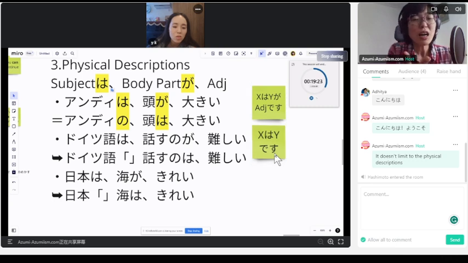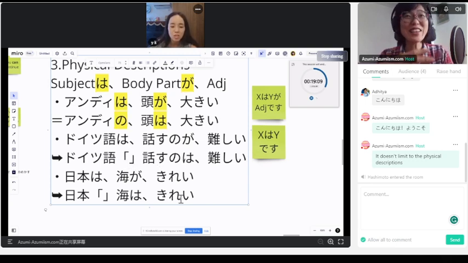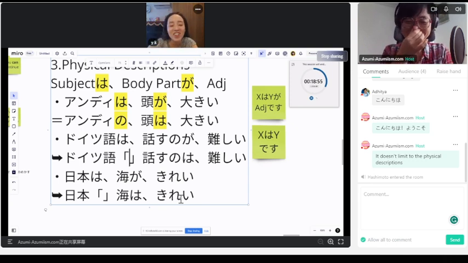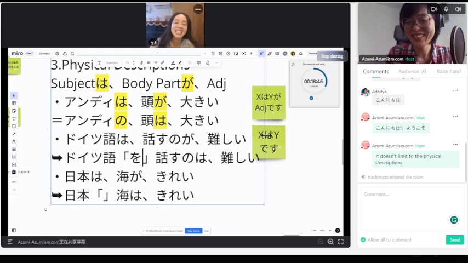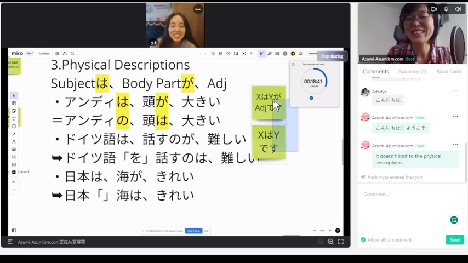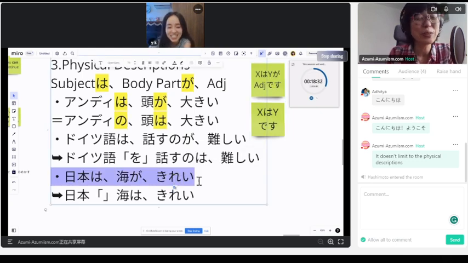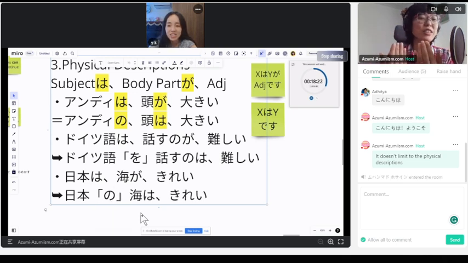X の Y です。アンディの頭は大きいです。So, can you rephrase this sentence into the X の Y structure? ドイツ語を話すのは難しいです。Please don't say weird sentences. はい、ドイツ語を話すのは難しい。OK, Yukiko's sentence. 日本は海がきれい。Please replace. 日本の海はきれい。So it depends on the relations. ドイツ語 and 話す, an action. 日本 and 海, a noun situation.